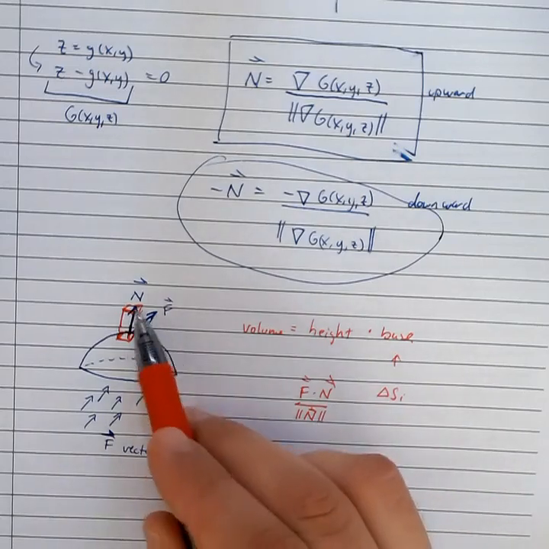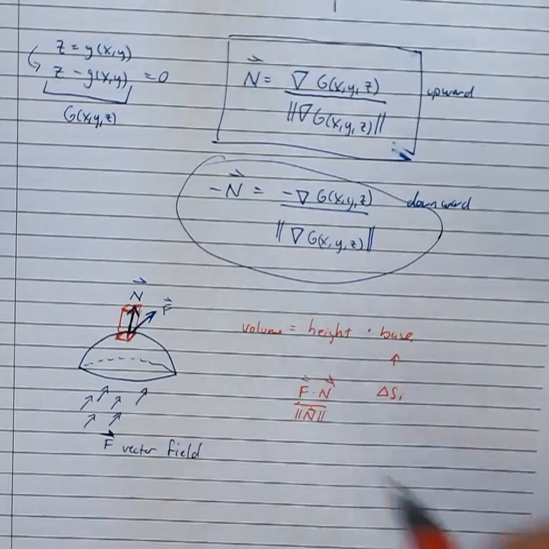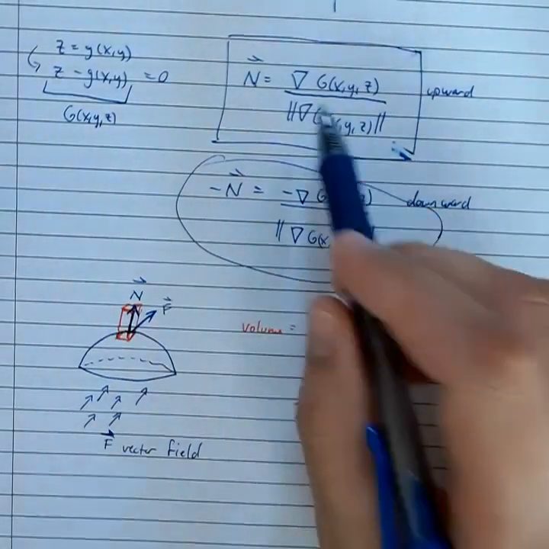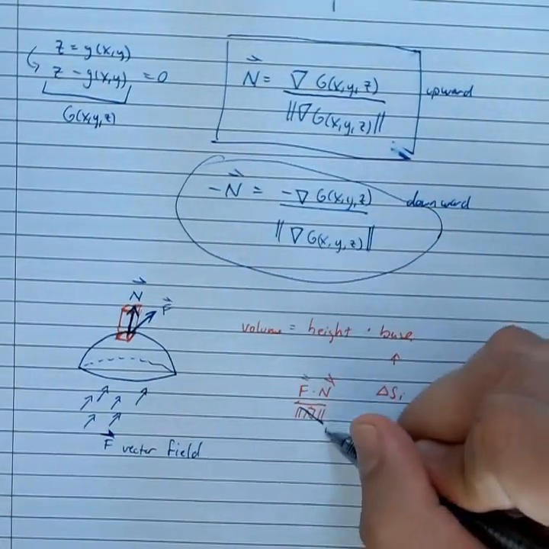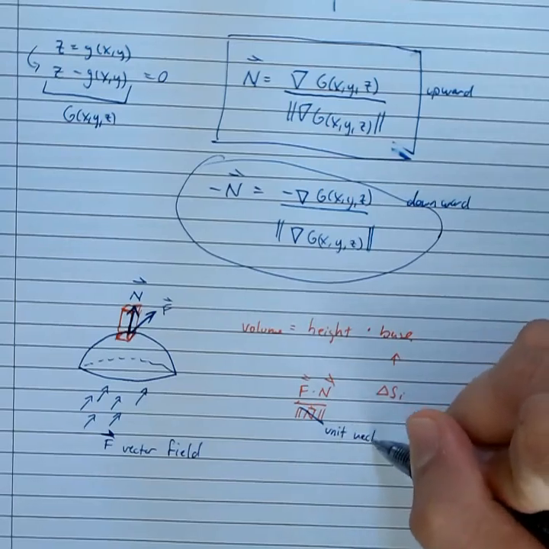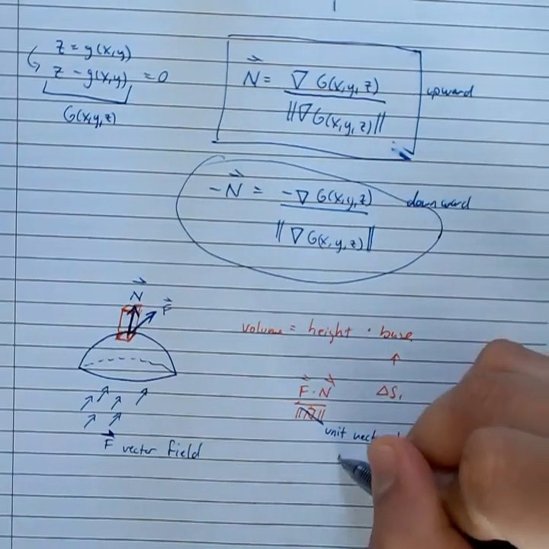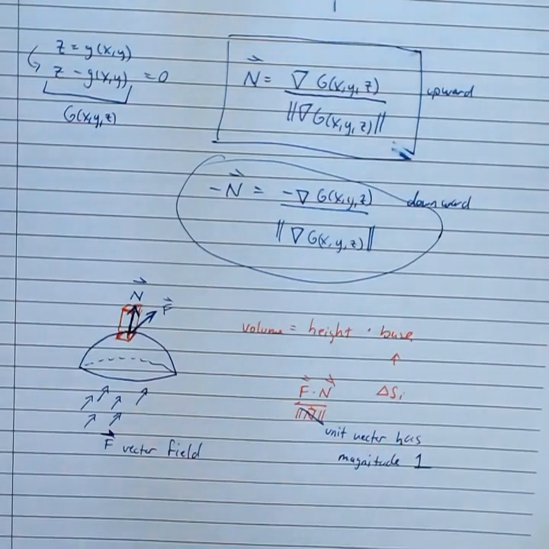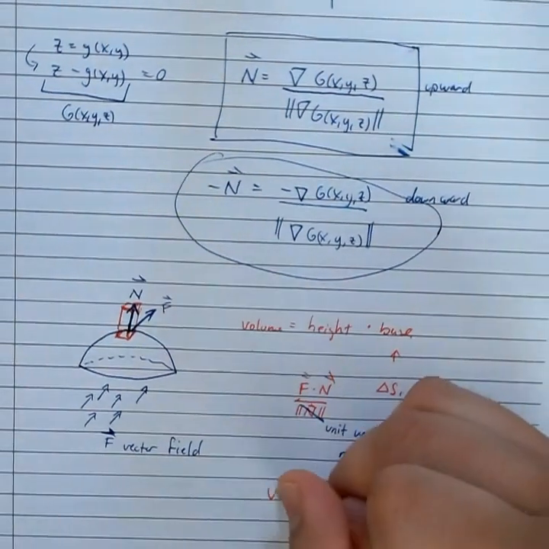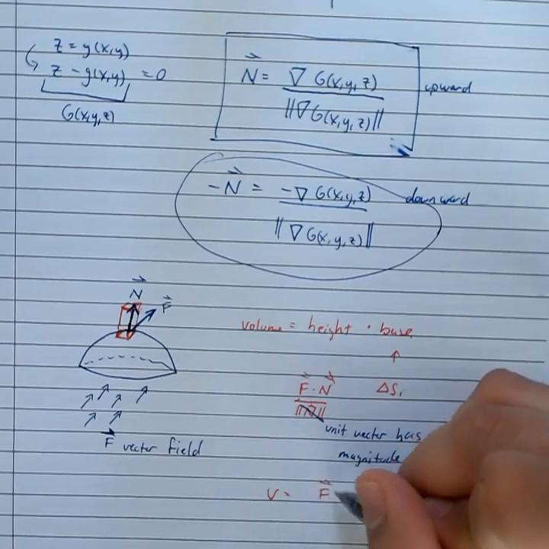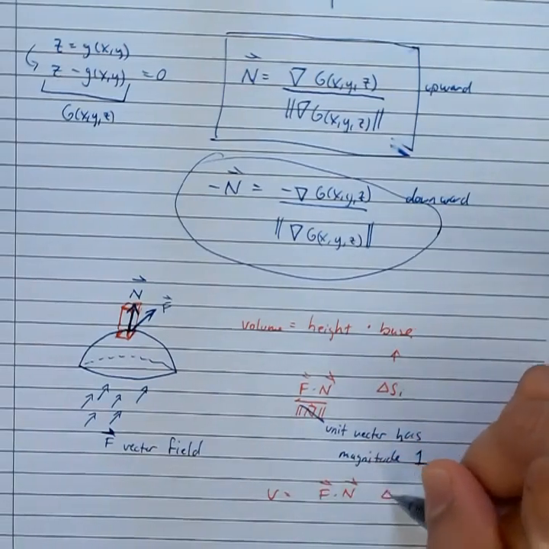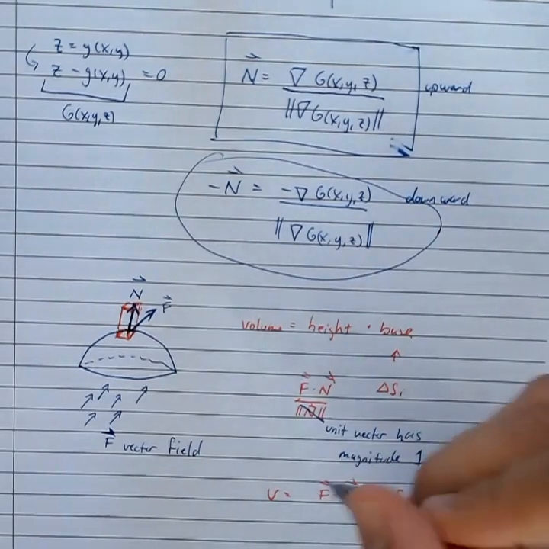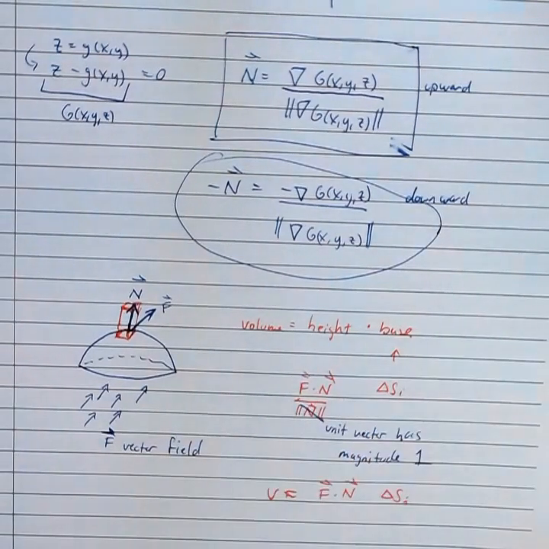All right, if I'm projecting F onto n. But since this has a magnitude of 1, right, over here, that's a unit vector, then that's going to give me that the volume is equal to F dot n delta S sub i. Or I guess I should say it's approximately equal to that.